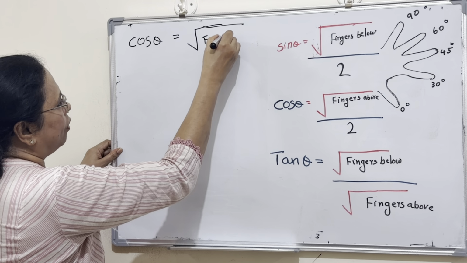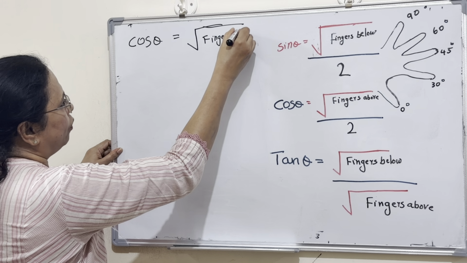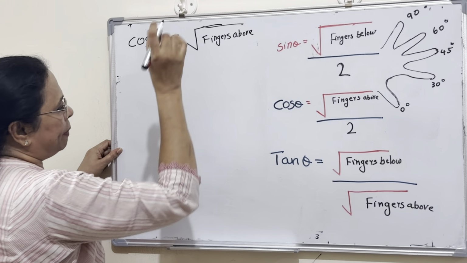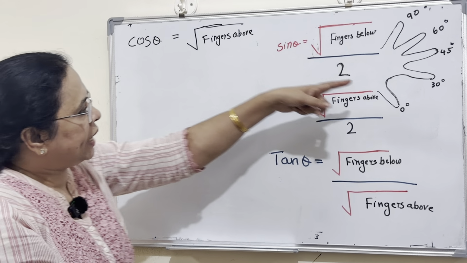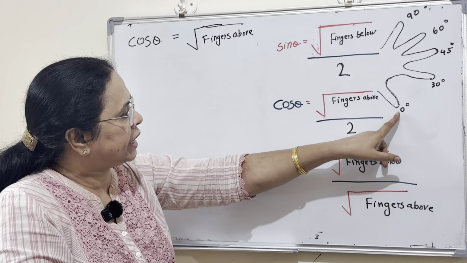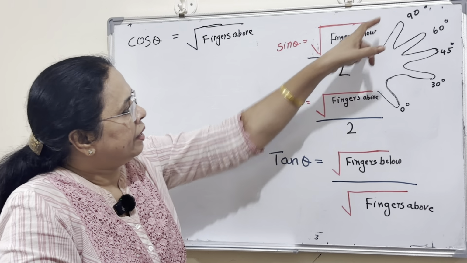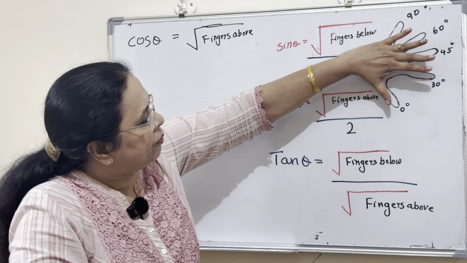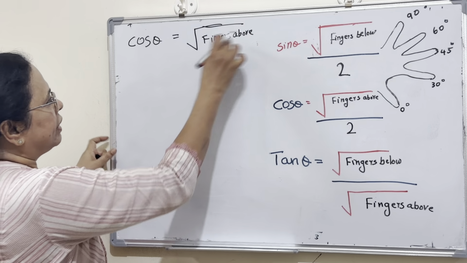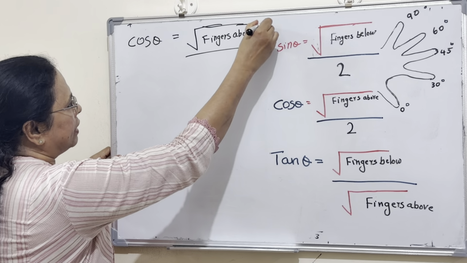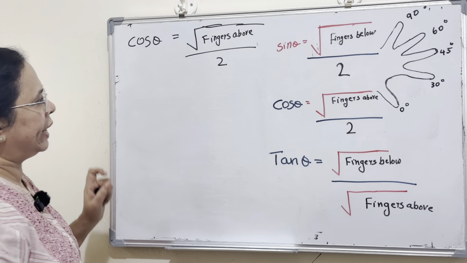How many fingers above my reference angle? Suppose let me take 0 degree. How many fingers are above this 0 degree? 4 fingers are there, right? That is fingers above, that you have to keep under the root, then put 2 divided by 2.